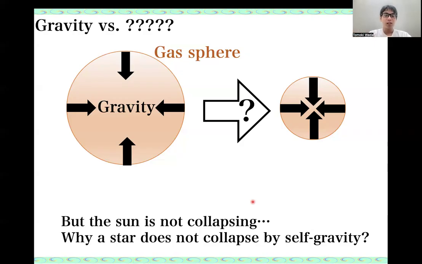But if the force is just gravity, it should shrink. But as you know, the Sun is not shrinking or collapsing. So let's consider why a star does not collapse by its self-gravity.